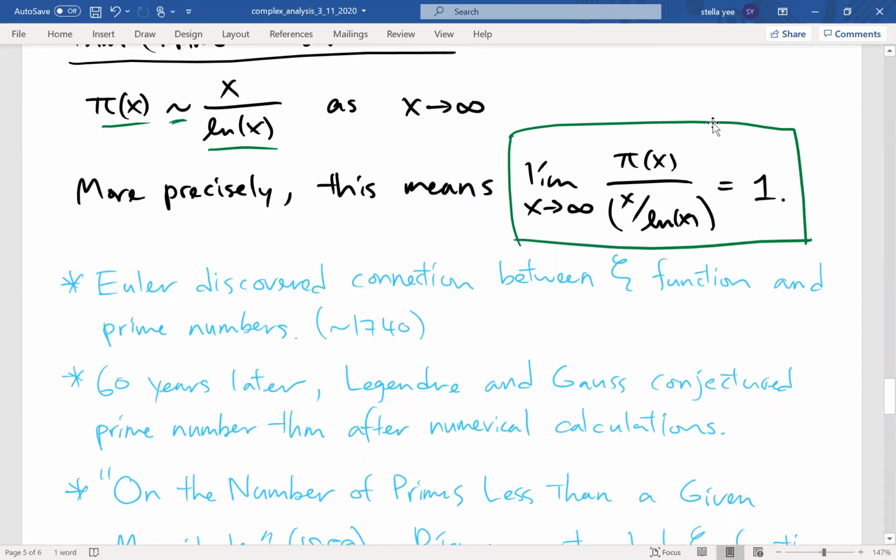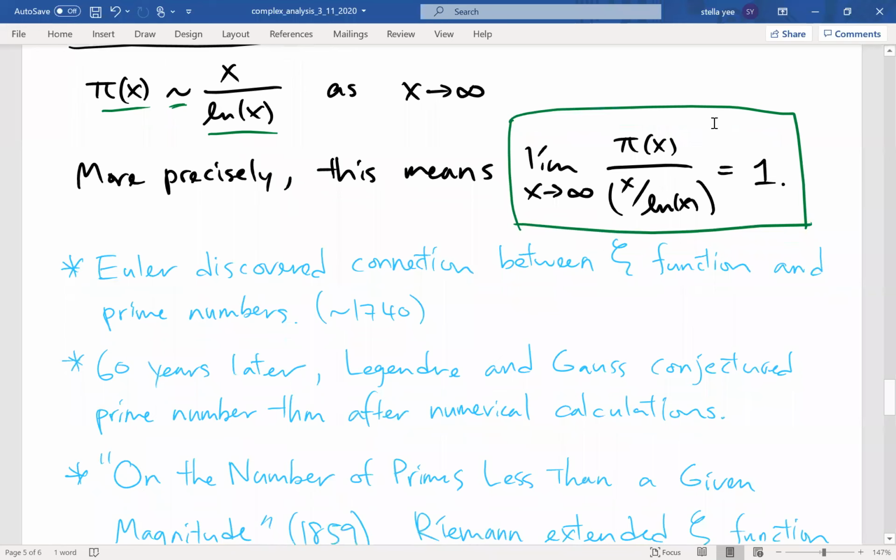So, as mentioned before, Euler did some arguments with the zeta function about the distribution of prime numbers long ago. 60 years later, Legendre and Gauss conjectured that the prime number theorem should be true based on a whole bunch of calculations that they and their assistants did.